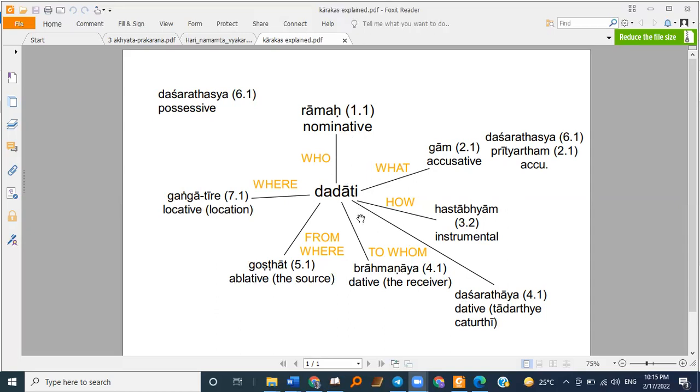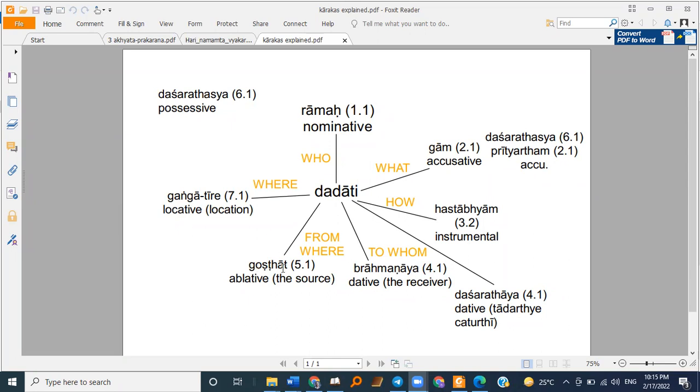Unto whom is he giving the cow? Through his hands, he's giving it to the Brahmana, Brahmanaya. So the Brahmana becomes the beneficiary or the recipient of the activity. Then, where from is he giving the cow to the Brahmana, with his hands?